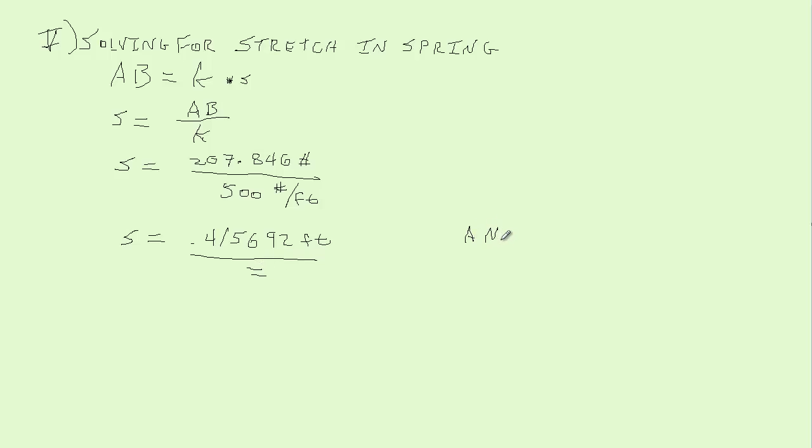So the final answer is S equals 0.4157 feet. So that's it to do static equilibrium in 3D. It's not that much harder than in 2D, with the exception that you have one more direction.